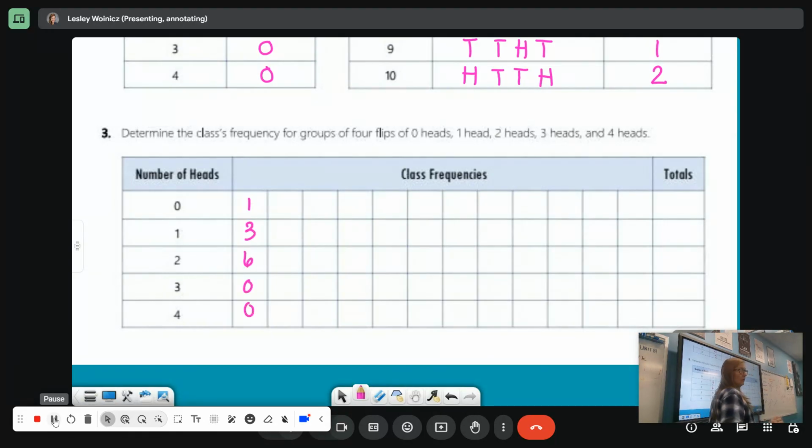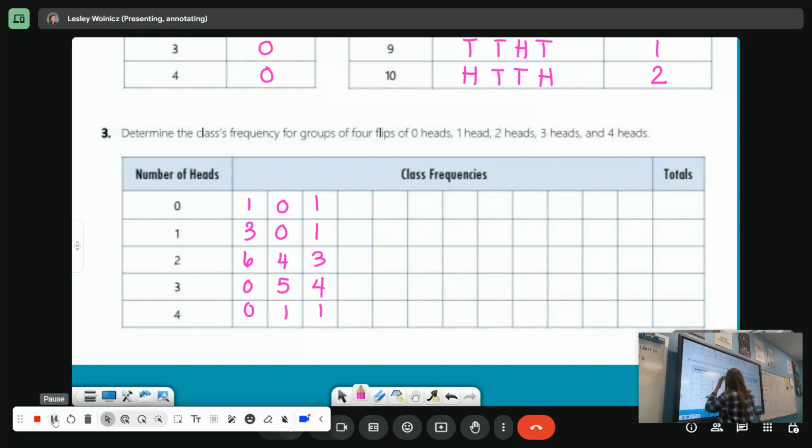Okay, so can we go around the room? What did you guys get? 0, 0, 4, 5, 1. Okay, next. What are the last 2 of yours? 0, 0. Okay, who's next? 1, 1, 2, 4, 1. Okay, next. 2, 4, 2, 2, 0. Okay.